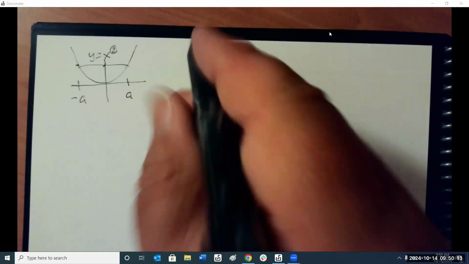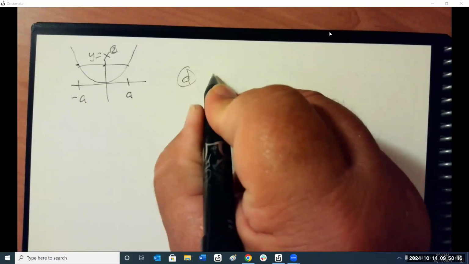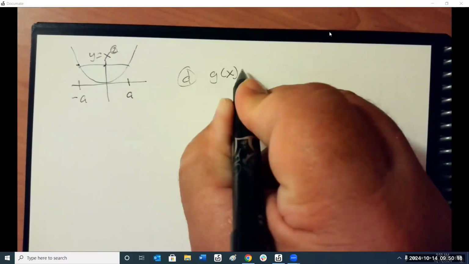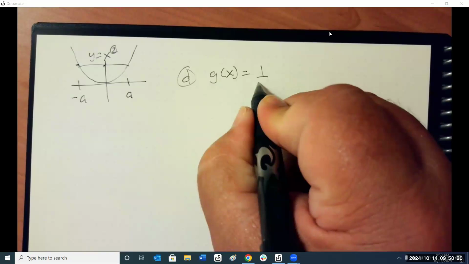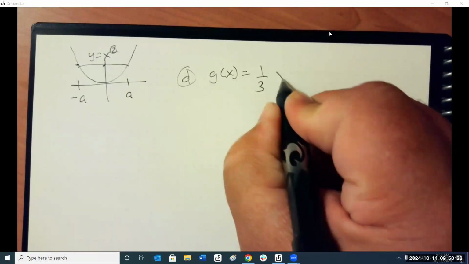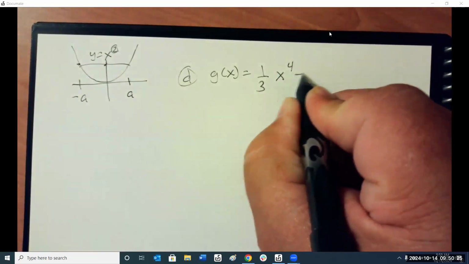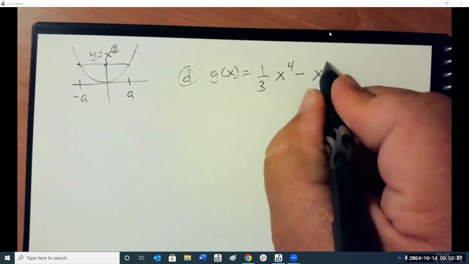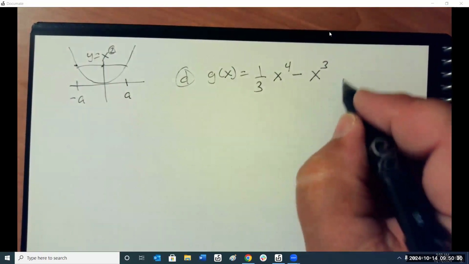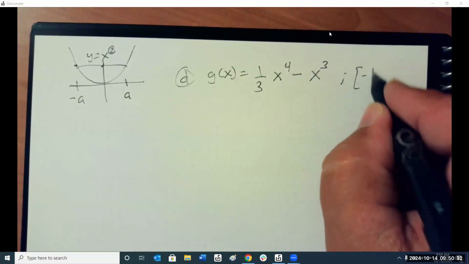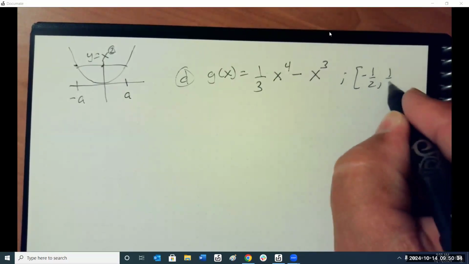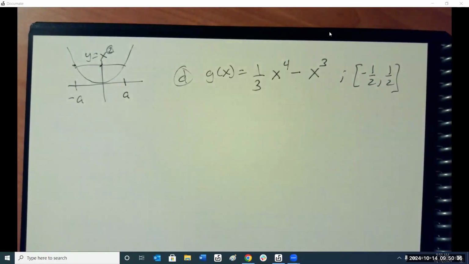Is our function odd, even, or neither? Is it neither?